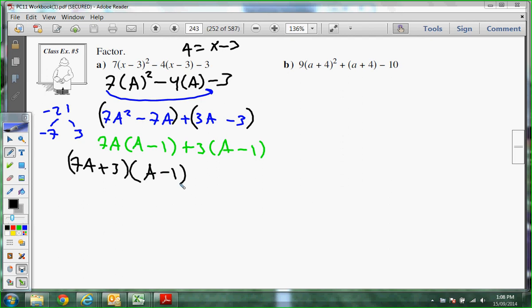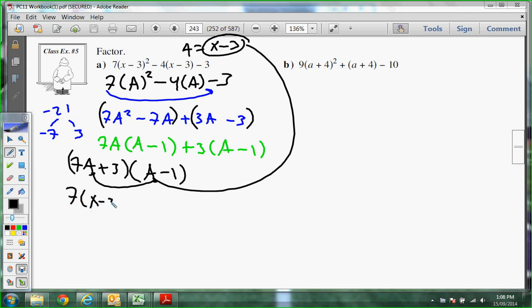At this point, we insert x minus 3 back in. So I'll put that right here and right here. So this is what it's going to look like. 7 times x minus 3, because that's what 7a is, plus 3. So if we work that out, what's 7 times x? 7x. 7 times negative 3 is negative 21 plus 3, negative 18.